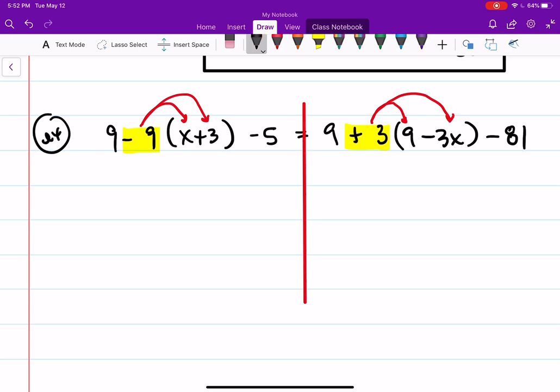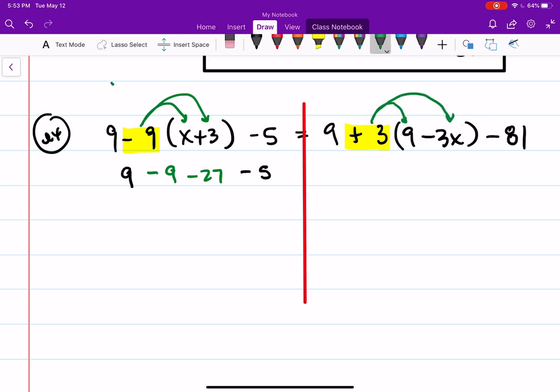So I have a 9. This distribution is going to give me a -9 minus 27 minus 5. Actually, I should probably not use these colors. I'll use green.